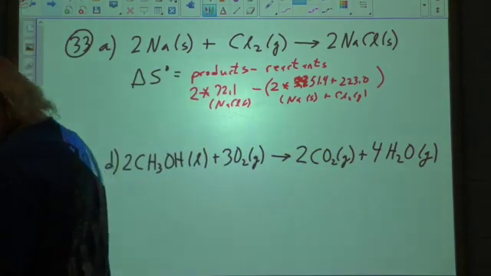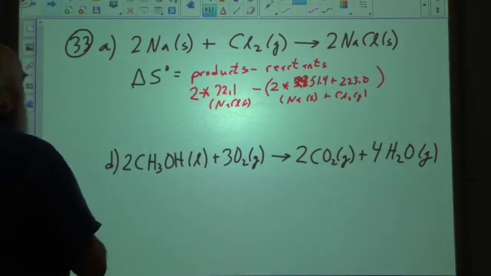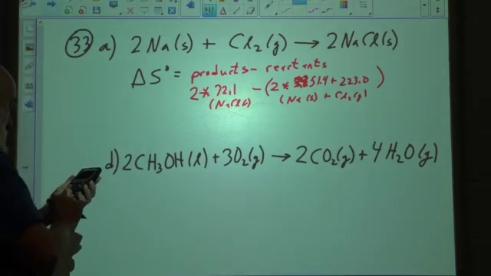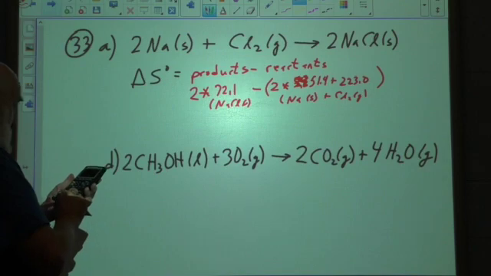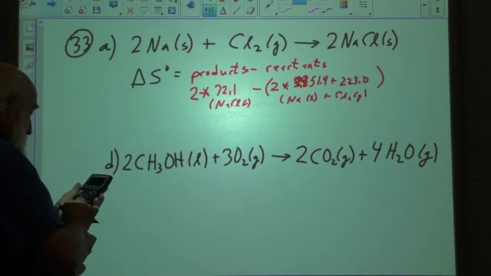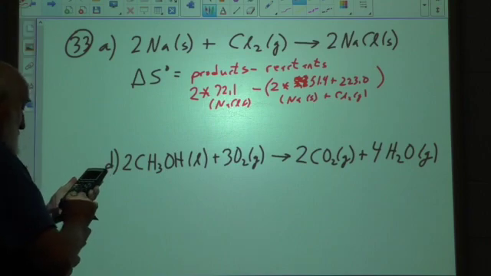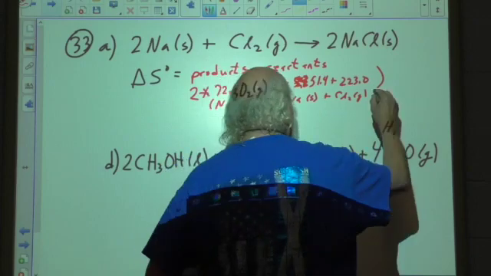So, I'm going to go ahead and get my trusty calculator and do this work. So 2 times 72.1 minus parenthesis 2 times 51.4 plus 223.0, close parentheses, enter, and I get negative 323.7.